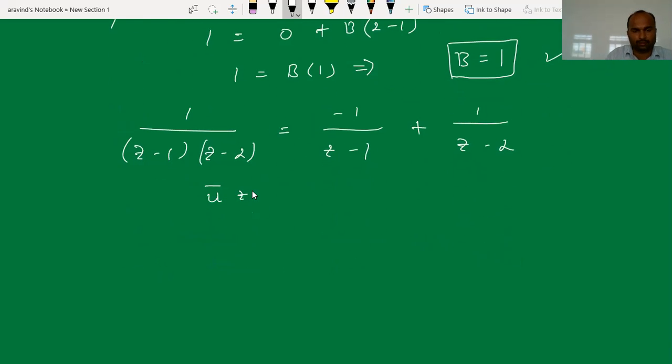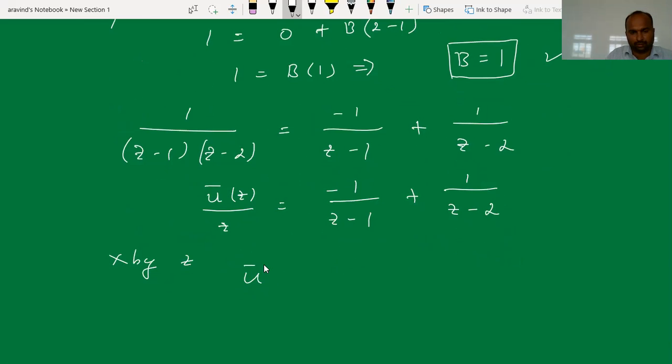So u bar of z by z equals minus 1 by (z minus 1) plus 1 by (z minus 2). You multiply this equation by z. So u bar of z equals minus z by (z minus 1) plus z by (z minus 2).